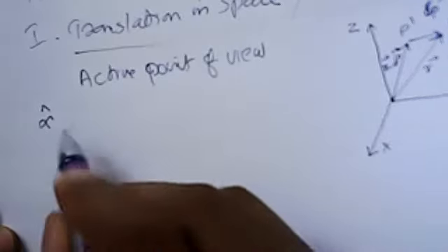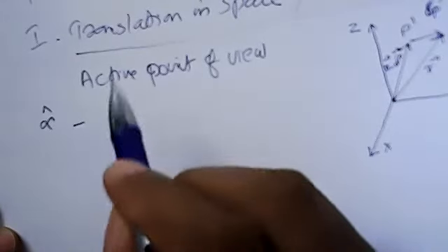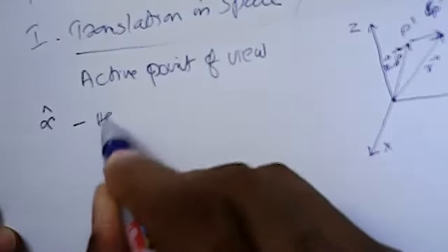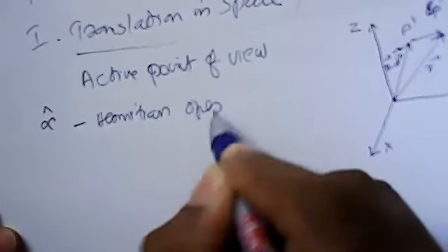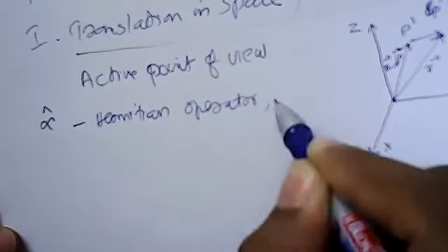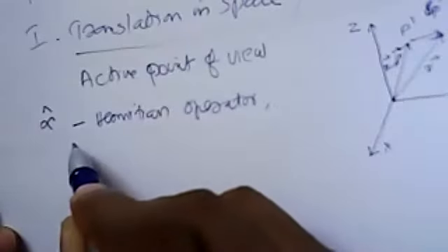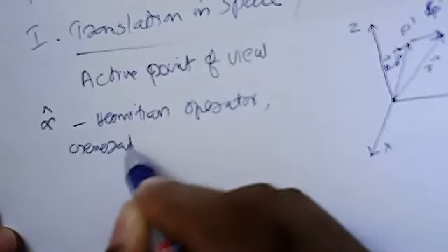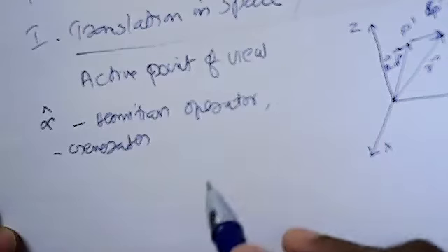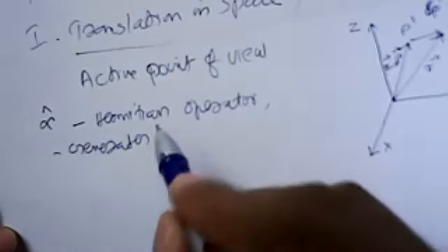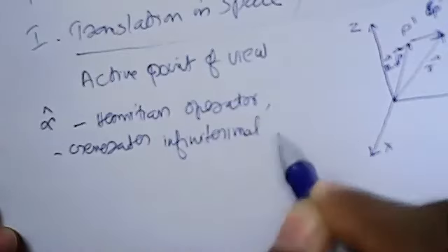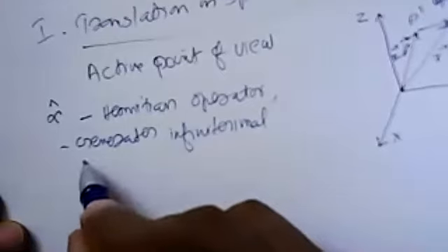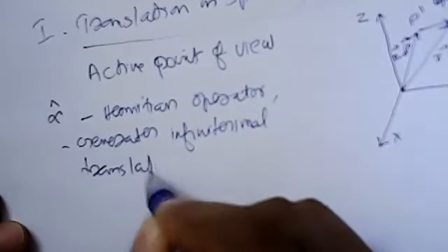This is the Hermitian operator, which generates infinitesimal translation or displacement along the x-axis.